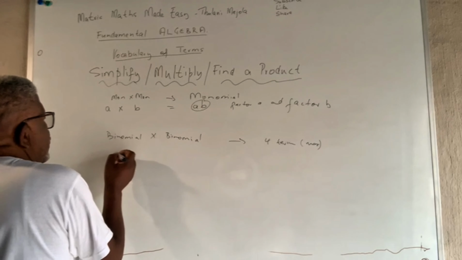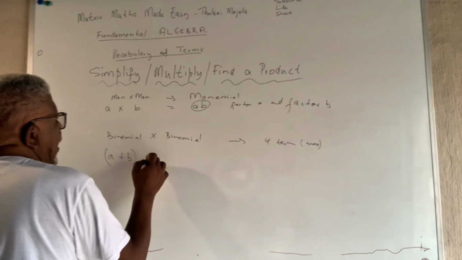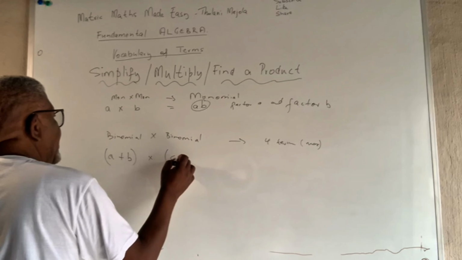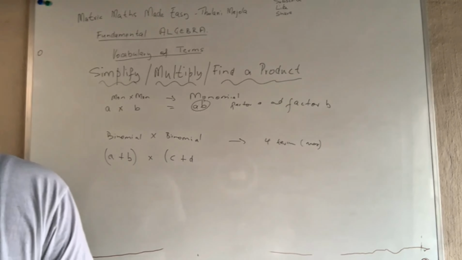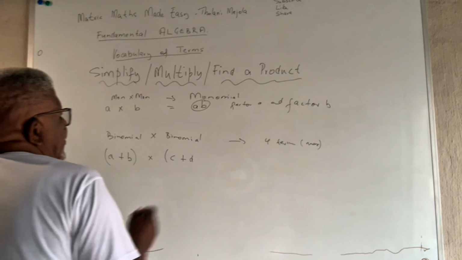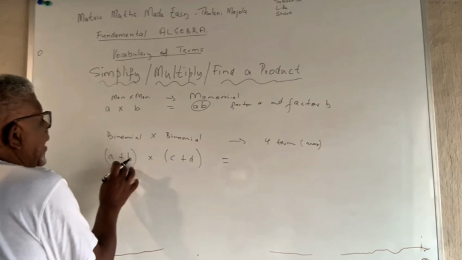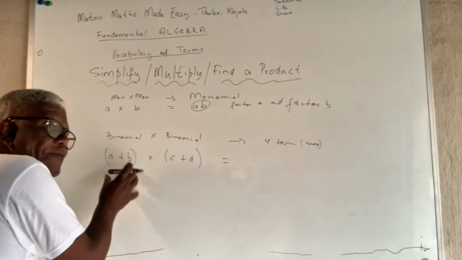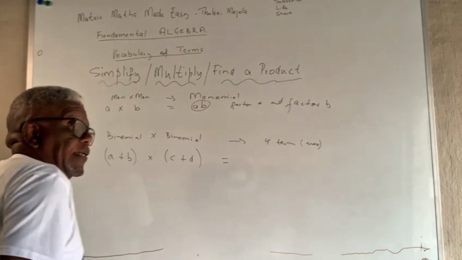So A plus B times C plus D. Each term in the first binomial will multiply each term in the second binomial.